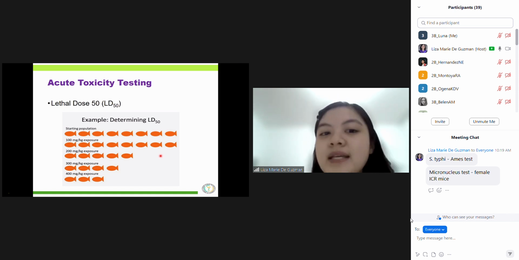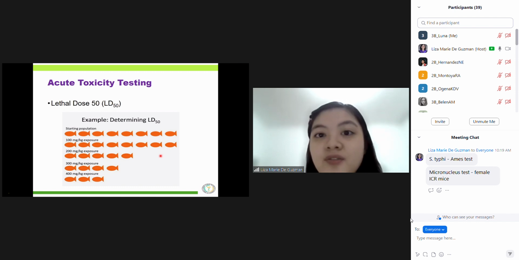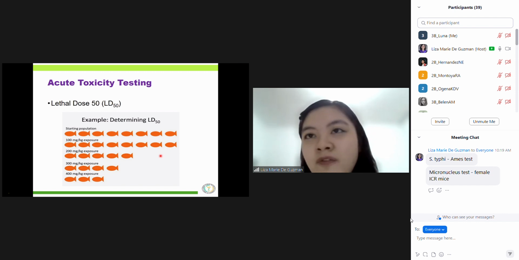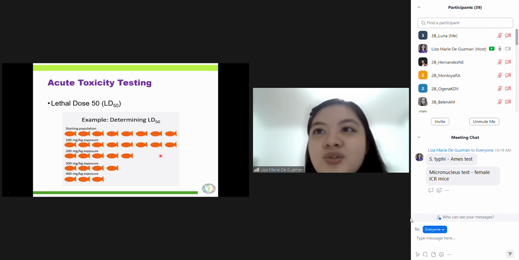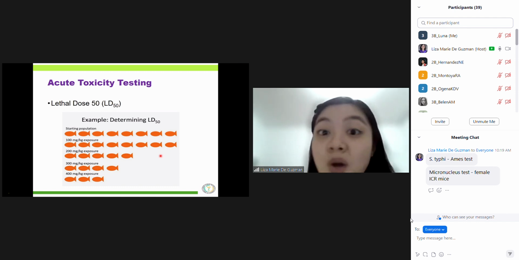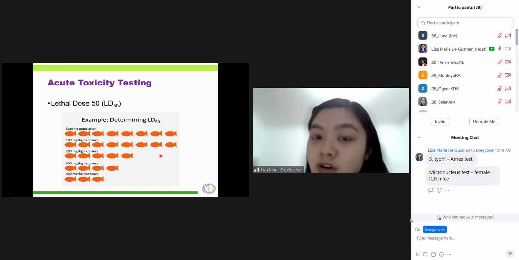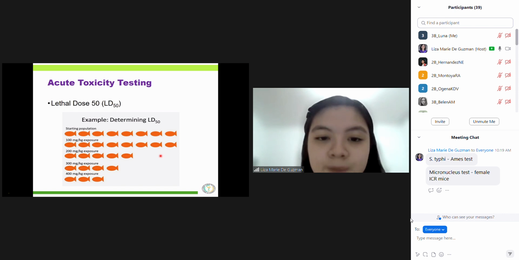Again, lethal dose 50 or the LD50 is the dose or the concentration of your test substance or your sample that will kill approximately half of your test animals. It is used in establishing the toxic dose of your drug or of your test sample.